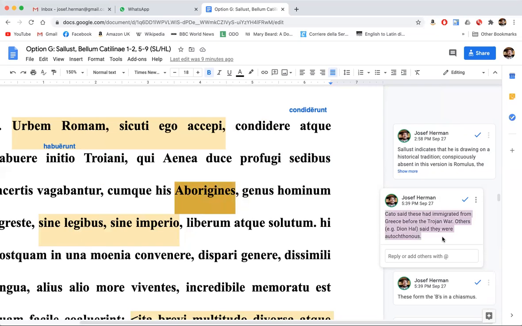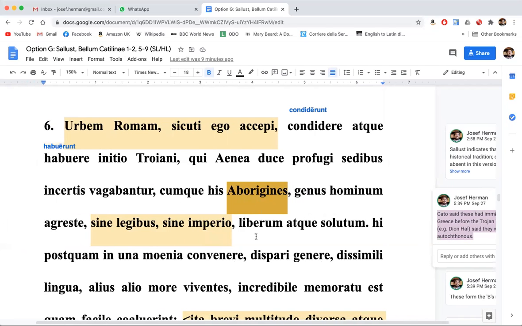They had immigrated from Greece before the Trojan War, whereas you have others like Dionysius of Halicarnassus, who had a different view, who thought that these natives were autochthonous. In other words, they really belonged in that region. They had never lived anywhere else. They were complete natives, if you like. In some versions, literally born out of the earth.